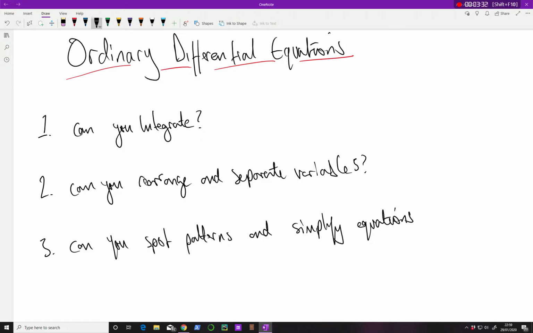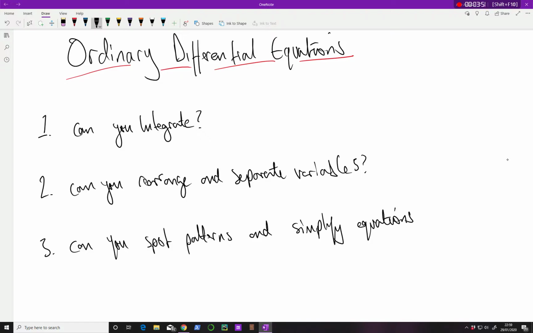And then this is closely linked with point 3, where one of your main goals is to, so I'm going to jump the gun here, figure out whether you're looking at an exact differential or an exact derivative.